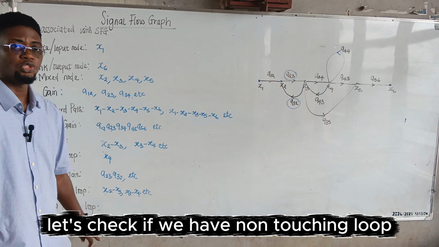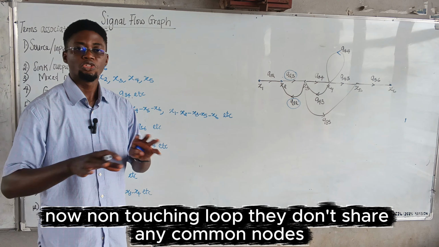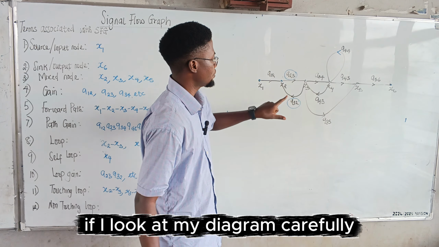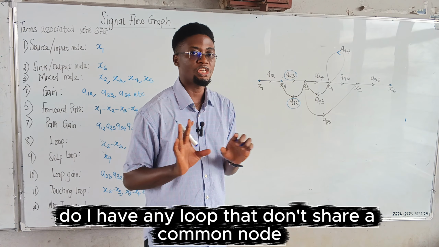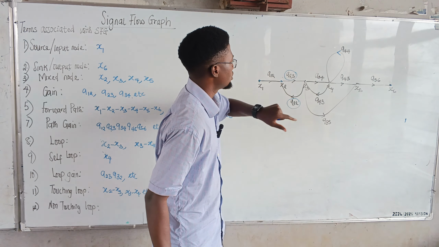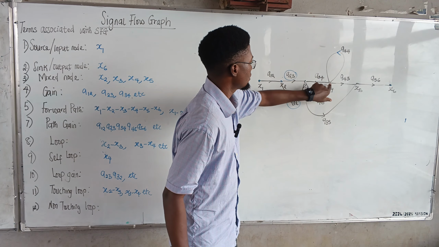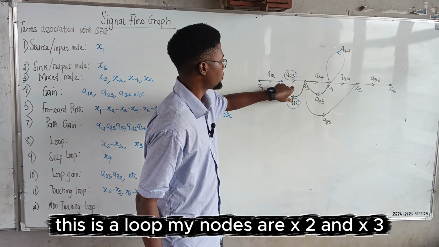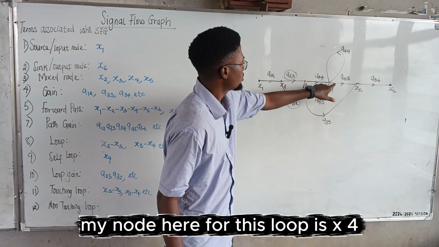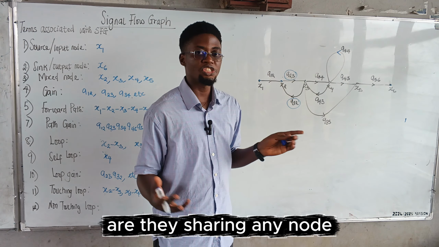Let's check if we have a non-touching loop. Non-touching loops don't share any common nodes. If I look at my diagram carefully, do I have any loops that don't share a common node? Yes. Remember, this is a self loop. This is a loop, my nodes are x2 and x3. My node here for this loop is x4. Are they sharing any node?